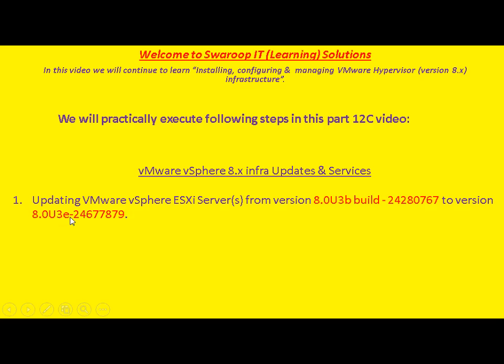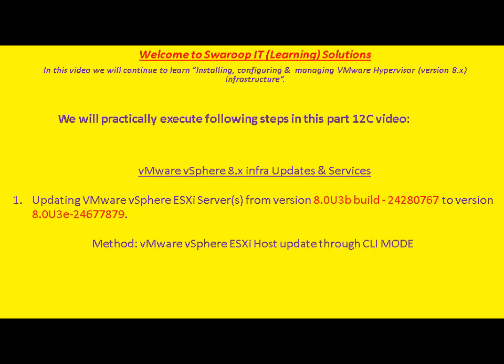This is the general term. And what is the build number? The older build number is 242-80767. The newer will be, after the update, 246-77879.